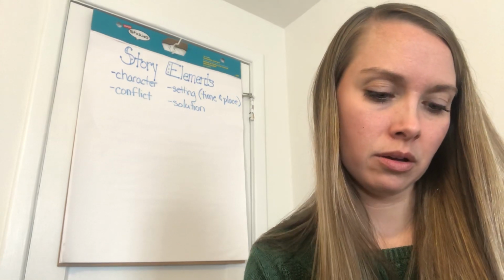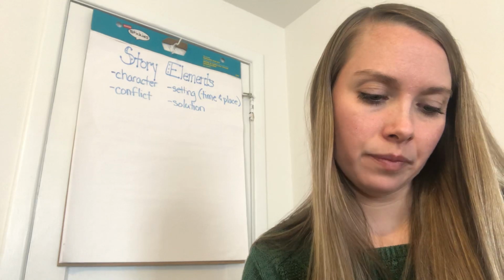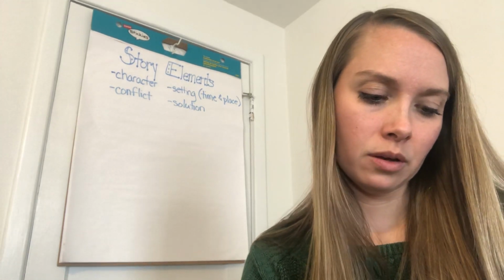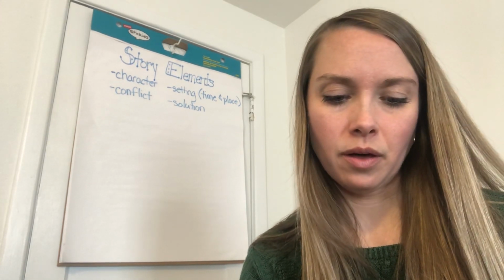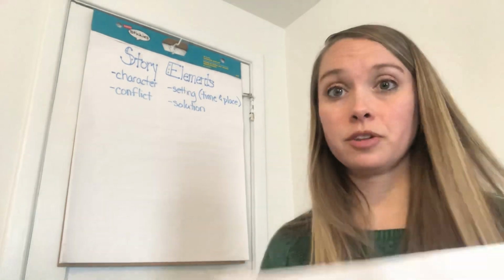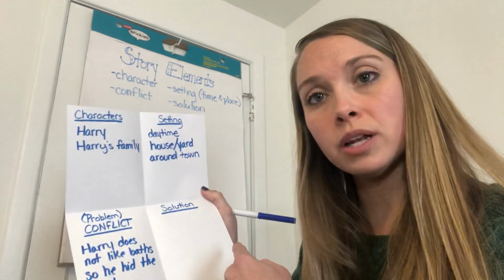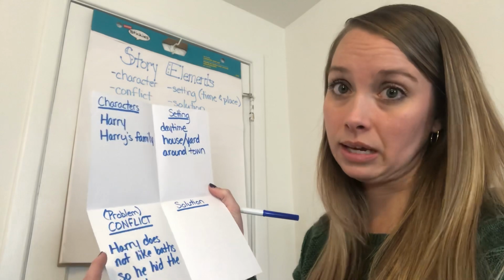Harry does not like baths, so he hid a brush. Period. And I made sure that I did my answer in a complete sentence, because once you get to the conflict and the solution, that's usually where there's a little bit more dialogue and where we need to make sure that we're expressing it clearly.